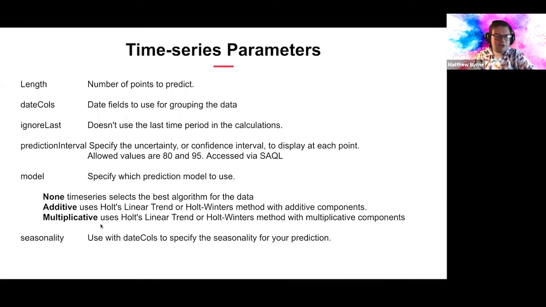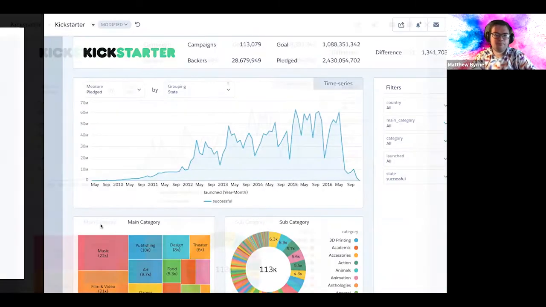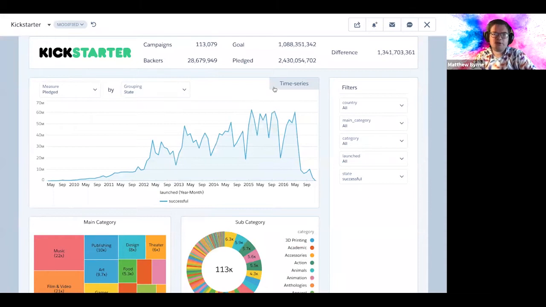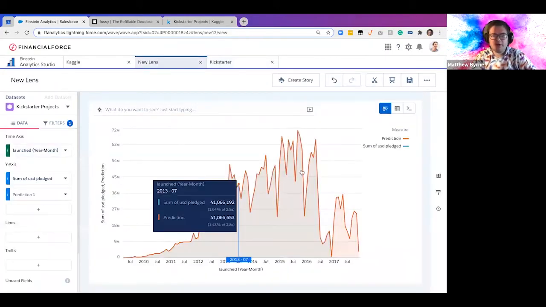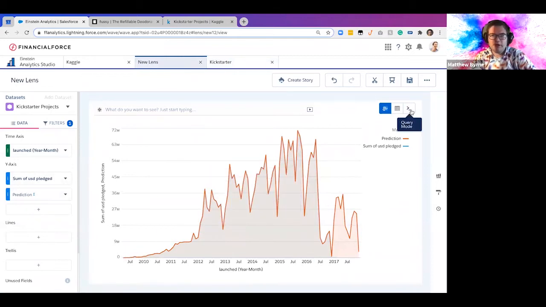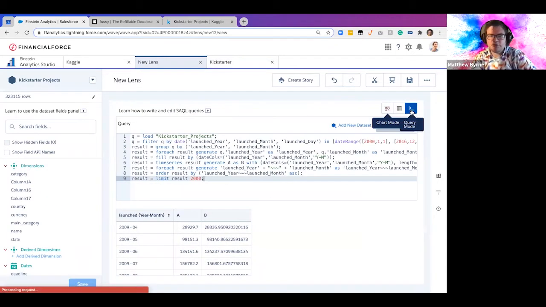So with the prediction interval, what we can do, if we go back, is this: how SACL works is any dashboard, any lens that we create using the UI has a form which can be accessed through code.